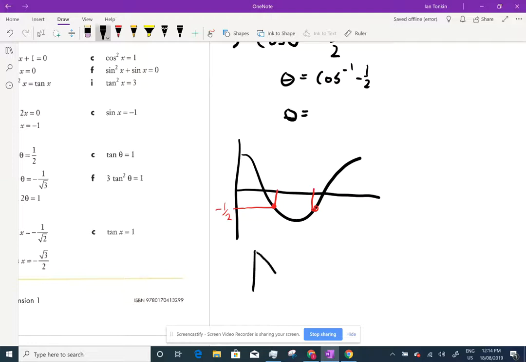So you go, okay, 1/2. I'm going to draw up this one, which is my 60/30. Now the cos ratio that gives me 1/2 is adjacent over hypotenuse. So that's 60. So the acute angle is 60 degrees. But this is -1/2.